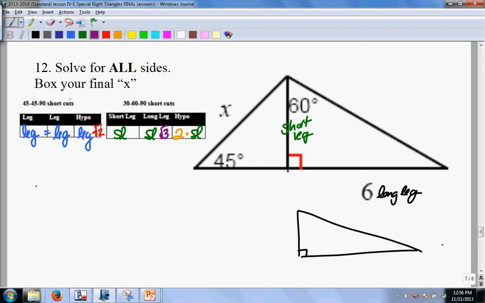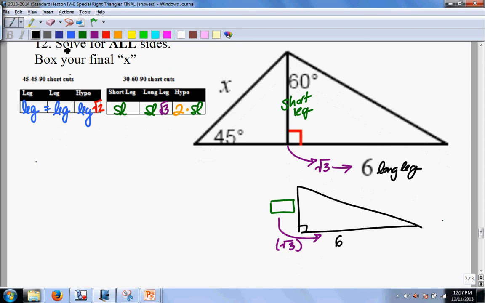To get the long leg, it was whatever the short leg was times the square root of 3. So you ask yourself this: something times the square root of 3 gave you 6. That's how you start this.